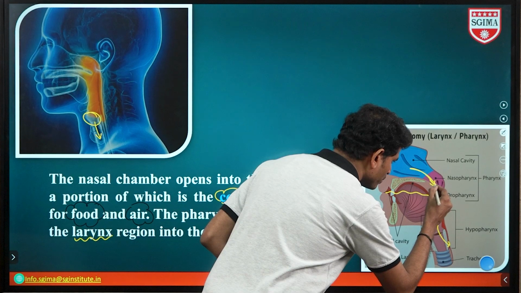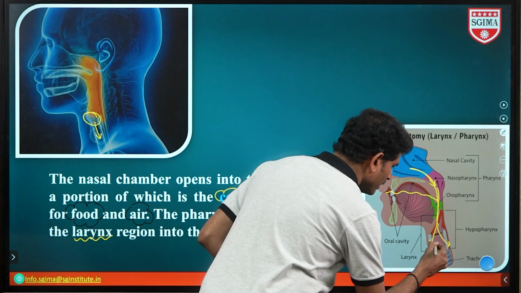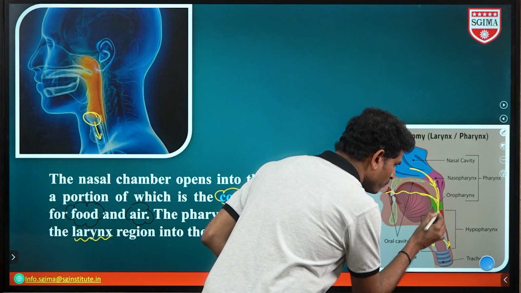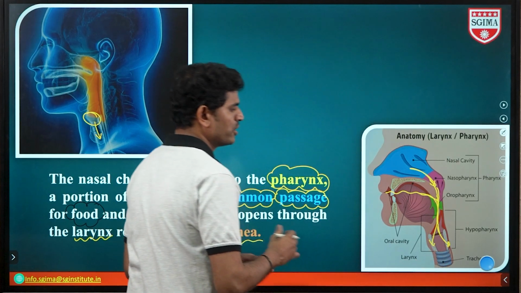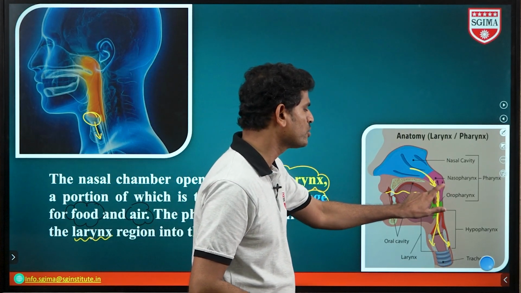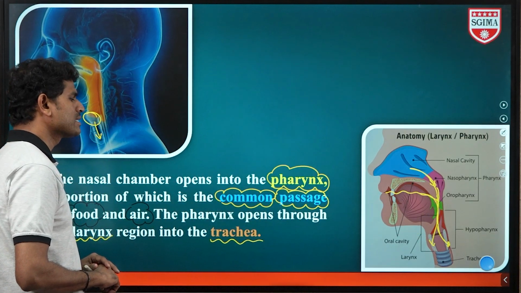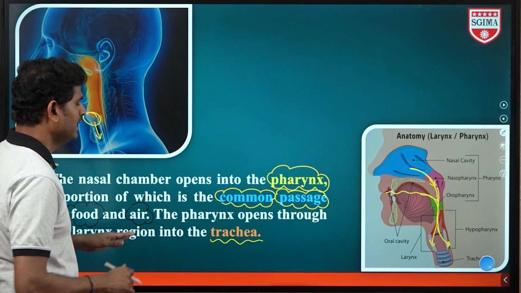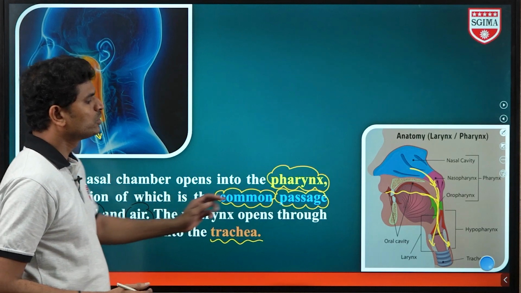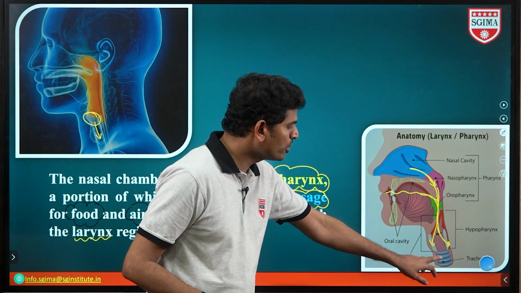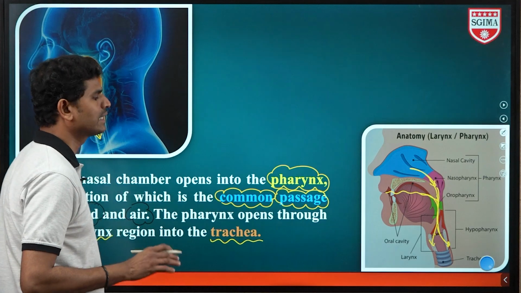Air will enter into the respiratory tract and food will enter into the digestive tract. Both cross each other in this region. That's why it is known as a common passage for food and air. And through the larynx, it opens into the respiratory tract.